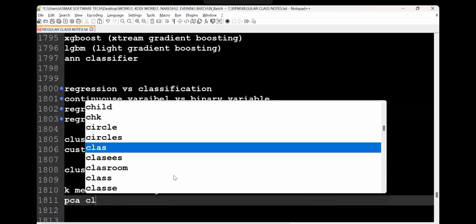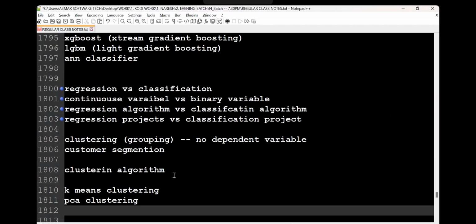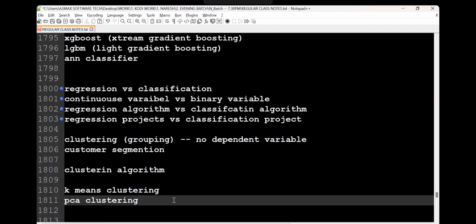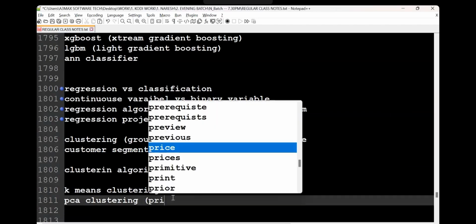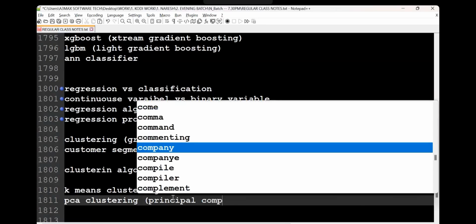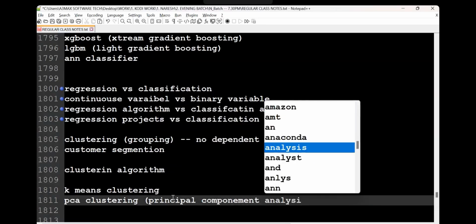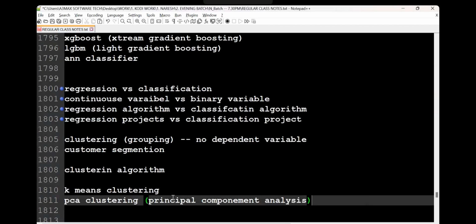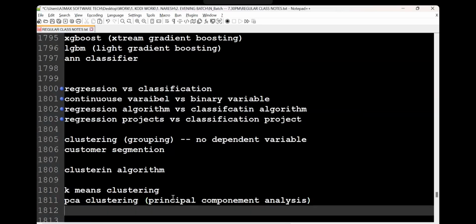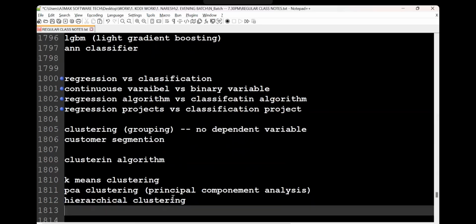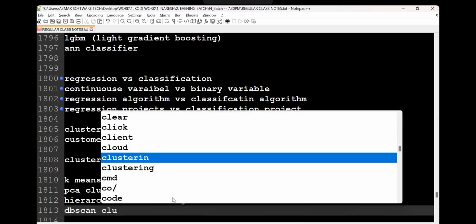Second one, PCA. Priyanka Chopra? No, guys. PCA means principal component analysis. In an interview, don't say, sir, Priyanka Chopra. And then we have hierarchical clustering. Then we have DBSCAN clustering.